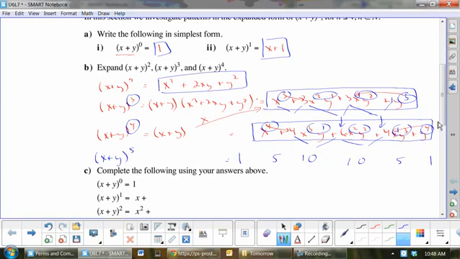Okay, now, who could give me the exponents? Yep. No, x to the 5, right? Okay.